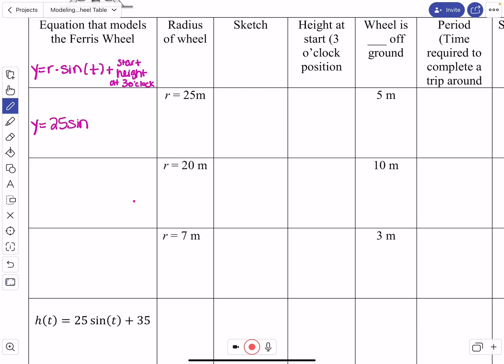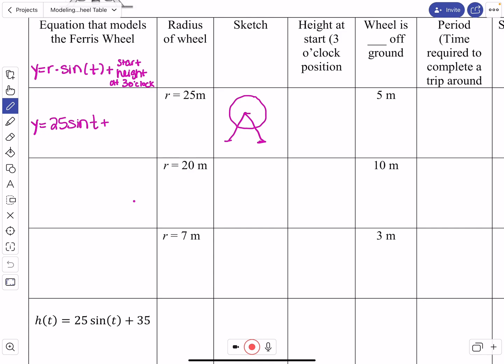So we can go ahead and do that, and we can go ahead and put the t here. Now, the start height for the 3 o'clock position. So this is where your picture is going to help. So if you think about it, when you sketch it out, you've got your Ferris wheel here.